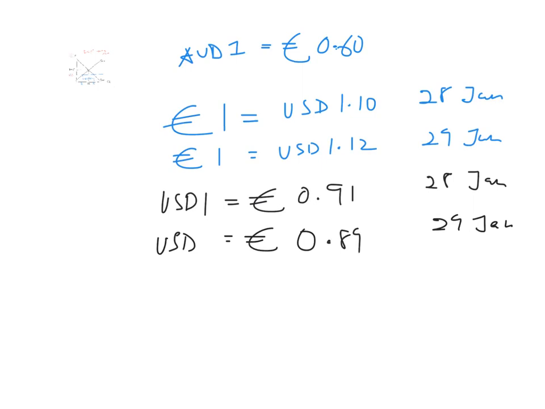So you can look at it from the point of view of the euro. The euro is getting stronger. Or from the point of view of the US dollar, it is getting weaker, right? So when one country's currency is appreciating against another, that means the other currency is automatically depreciating against it.